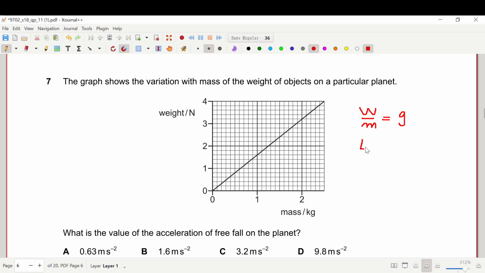So the weight is 4 and the mass is 1, 2, 3, 4, 5, 2.5. What will be the answer? 1.6. 1.6. Okay, hang on. 1.6 option given? Yes. So that is this one.